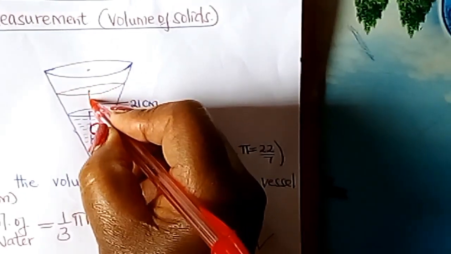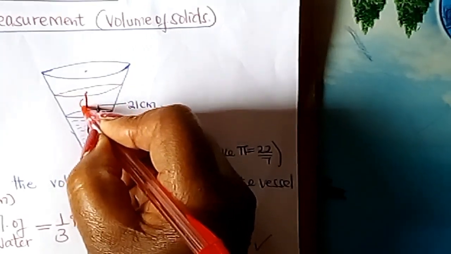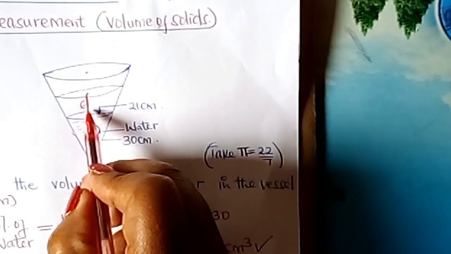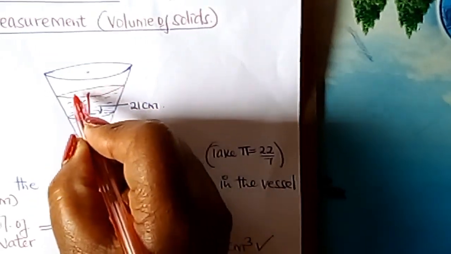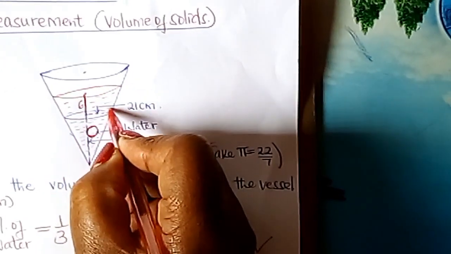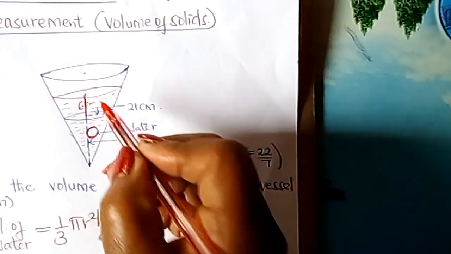This height here, Lana, is 6. The level of the water rises by 6. So suppose we do some shading of that kind. It rises by 6 centimeters.